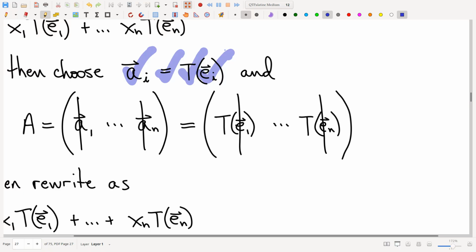This is a very, very important little phrase that you should have drilled into your heads. If you hear someone say the columns of a matrix, then in your mind you should instantly hear the images of the standard basis vectors. That should just be a knee-jerk reaction.